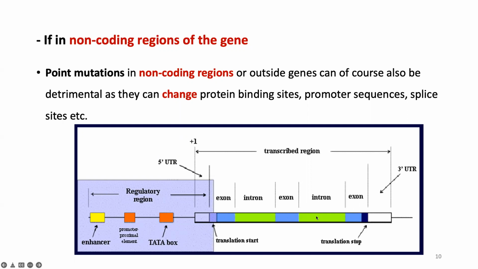So what if a mutation happens here, or in the capsite, or in the regulatory region, whether it's in the TATA box, in the promoter, in the enhancer? Such mutations outside of the gene can of course also be detrimental, as they can change a protein binding site, promoter sequence, splice site, and so on.